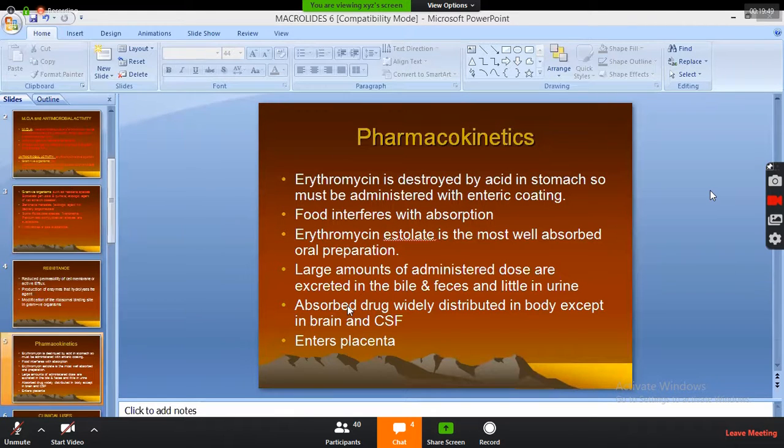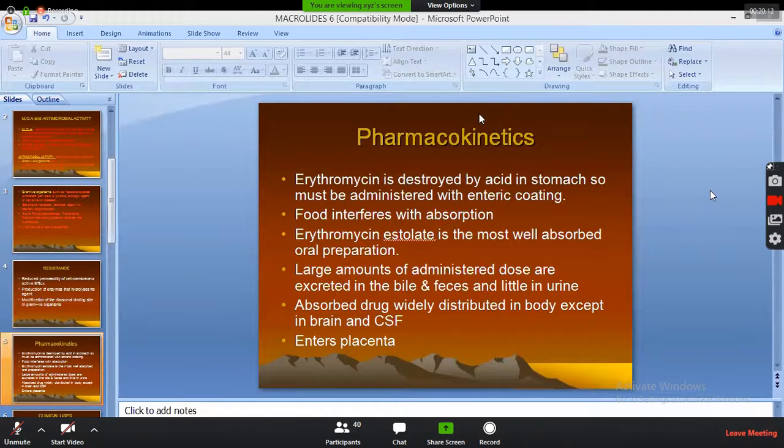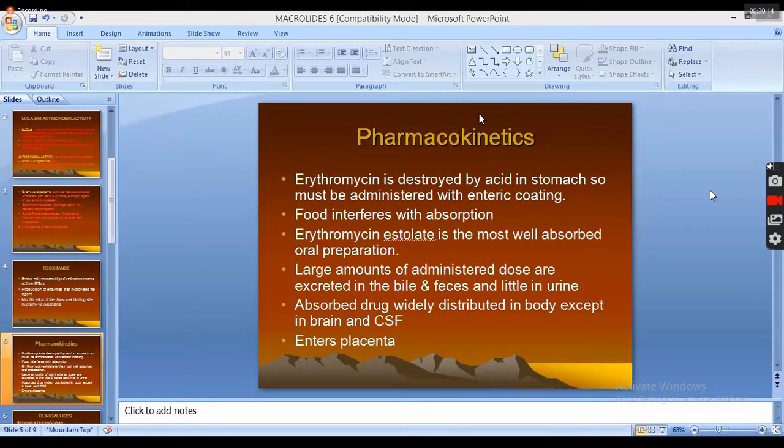So the erythromycin tablet, if you see, has an enteric coating. Enteric means that coating is meant for the intestine. That coating, which you call sugar coating or pink coating, you must have seen on many tablets, only dissolves. It is resistant to being destroyed by the acid in the stomach and only comes off when the medicine enters the intestine.